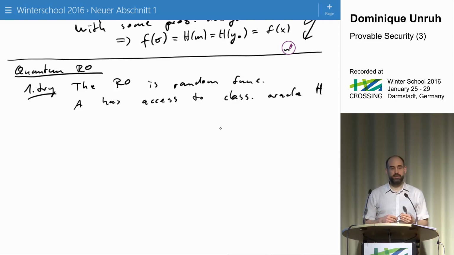And then you can, for example, construct relatively easily a protocol where it holds in the random oracle model that the adversary cannot break it in time t, while with a real hash function it would take only time square root of t, because you can use Grover. So this we want to avoid.